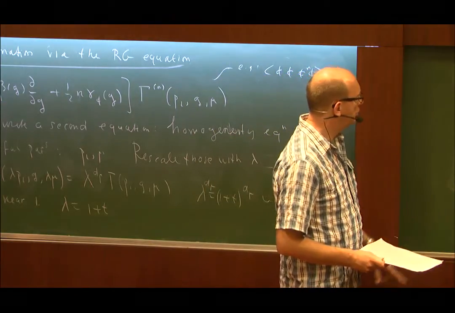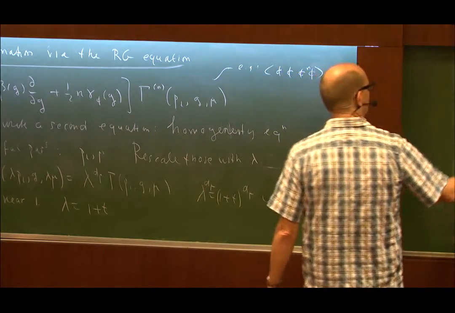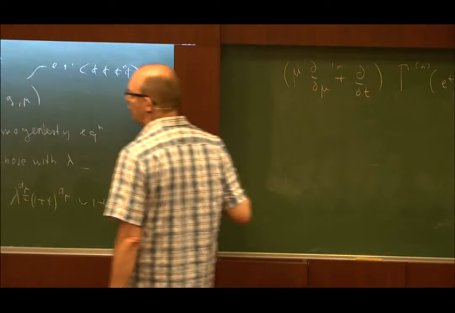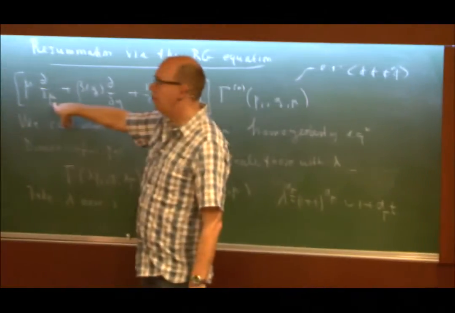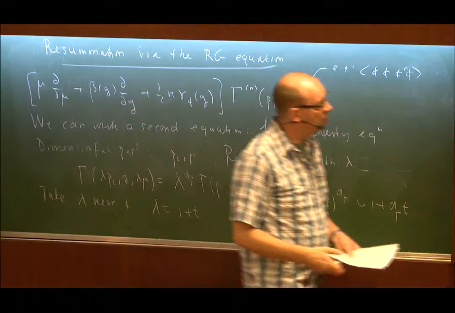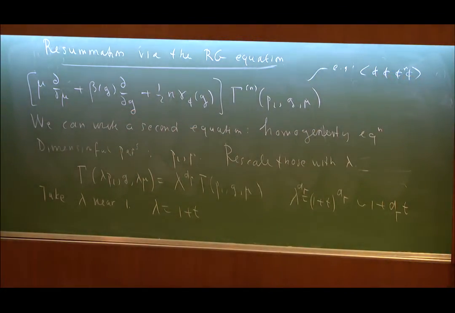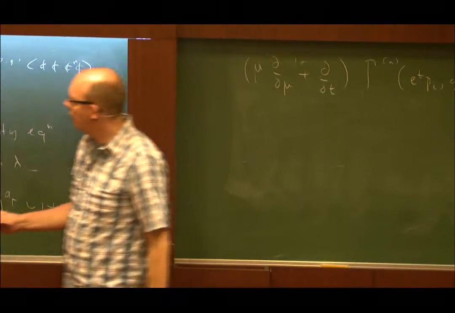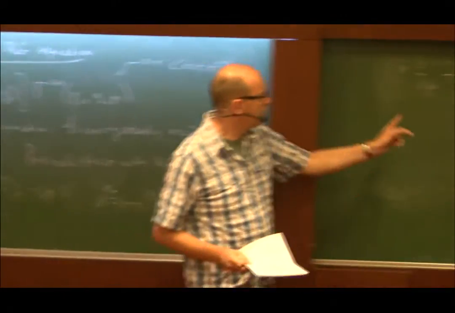So what can I do with this? Well, I can use this equation to trade the mu dependence for d dt dependence. And the nice thing of d dt dependence is it really directly tells you how the momenta are scaled. Here mu is a bit abstract, and this way I can relate it to scaling the momenta.